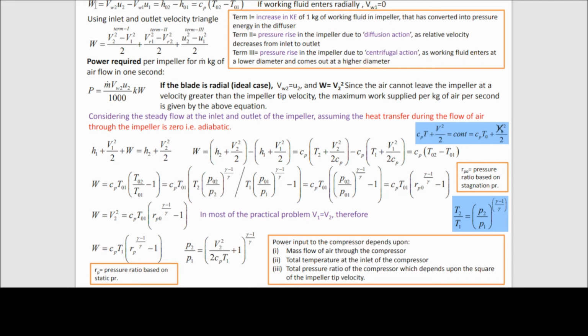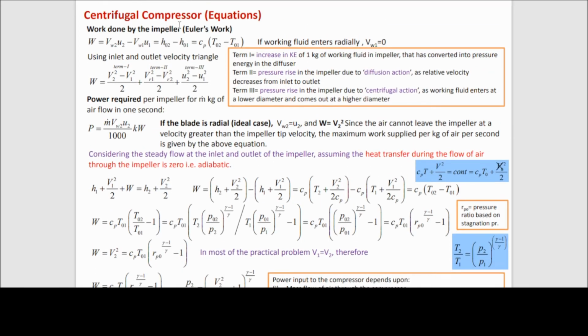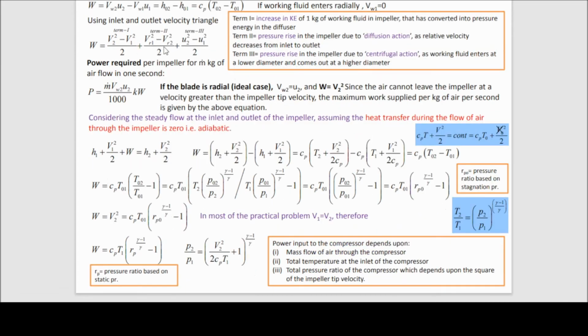Actually the mass flow rate will be there, so per unit mass flow rate I am writing Vw2 U2 minus Vw1 U1, and that is equal to H02 minus H01, or Cp times T02 minus T01. And if the working fluid enters radially, Vw1 is equal to 0.